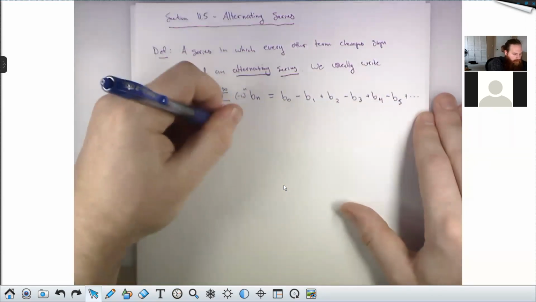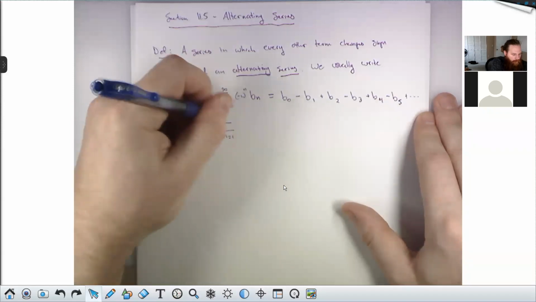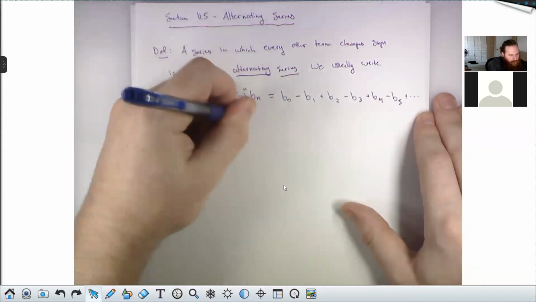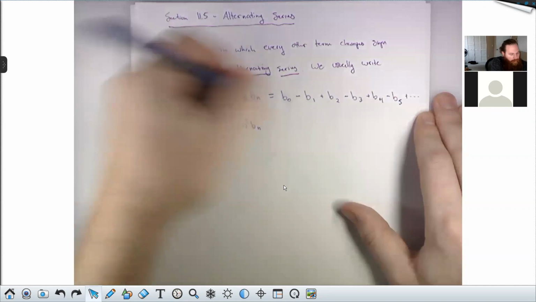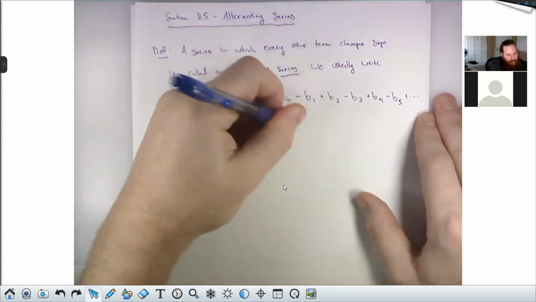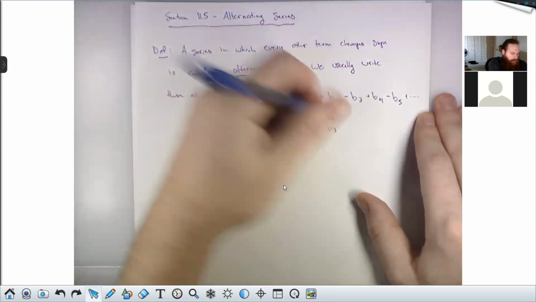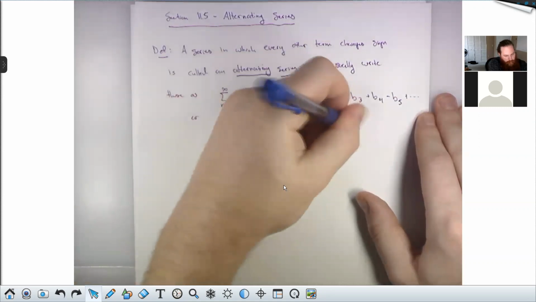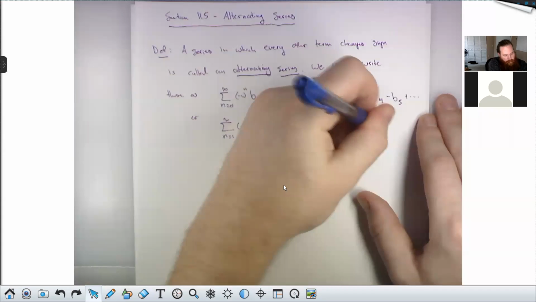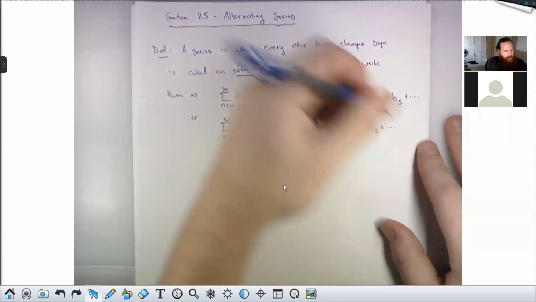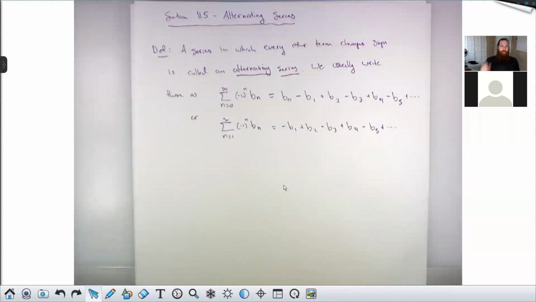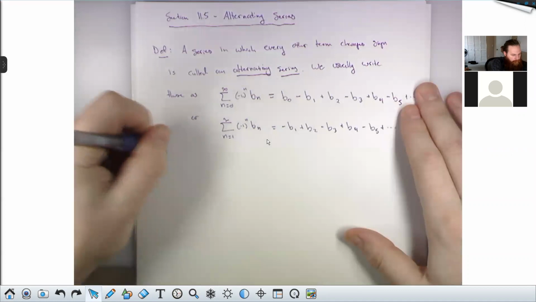Or sigma n from 1 to infinity, (-1)^n b_n, which would be like minus b_1 plus b_2 minus b_3 plus b_4 minus b_5 plus, and so on. So these are the normal notations, and here the b_n's are understood to be positive.